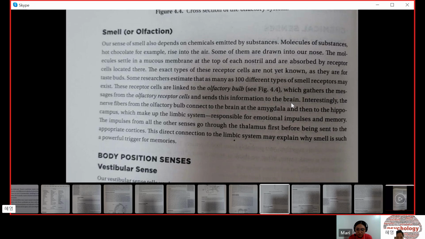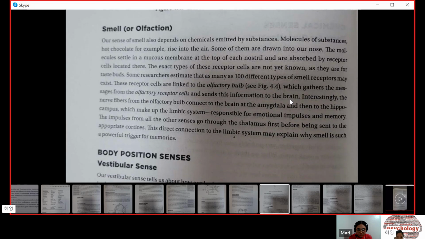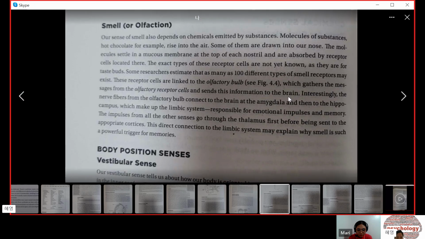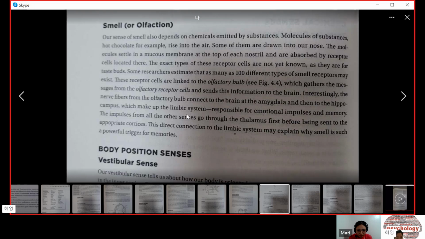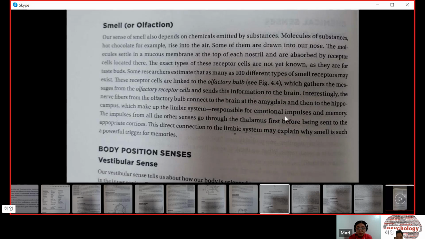Interestingly, the nerve fibers from the olfactory bulb connect to the brain at the amygdala and then to the hippocampus, which make up the limbic system, responsible for emotional impulses and memory.